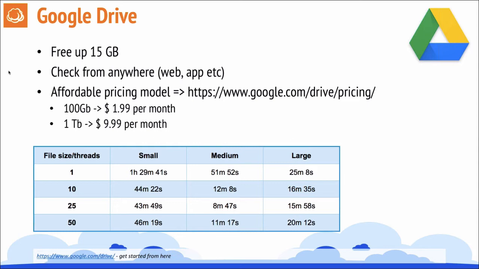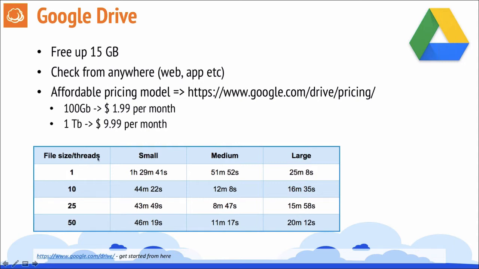The small column is a combination of 1 kilobyte files. We set about 10,000 1 kilobyte files, and we started to offload those files in a different number of threads. In that column you can see 1 thread, 10 threads, 25, and 50.